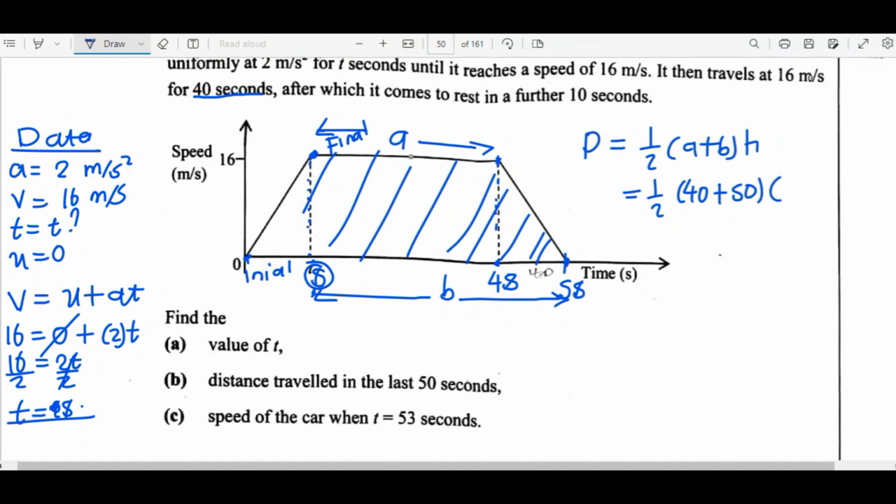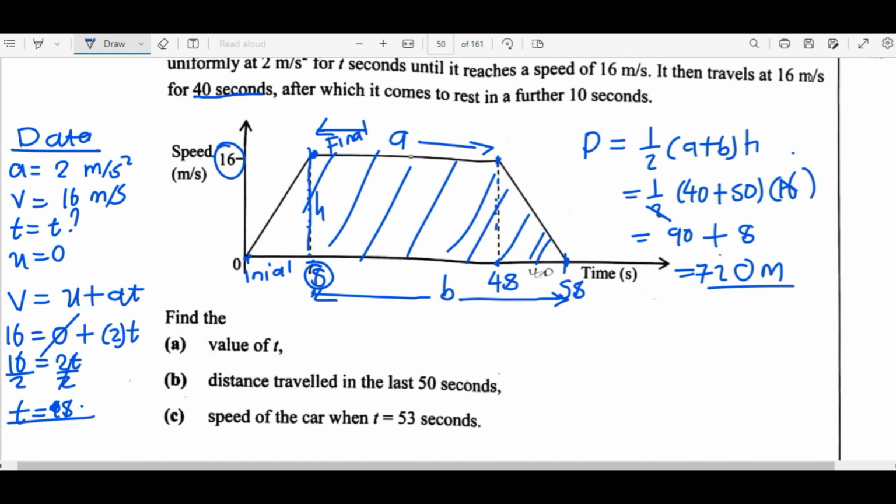Then the height is this line, which is 16. So 50 plus 40 is 90, half of 90 is 45, 45 times 16 is 720. So the distance is 720 meters.